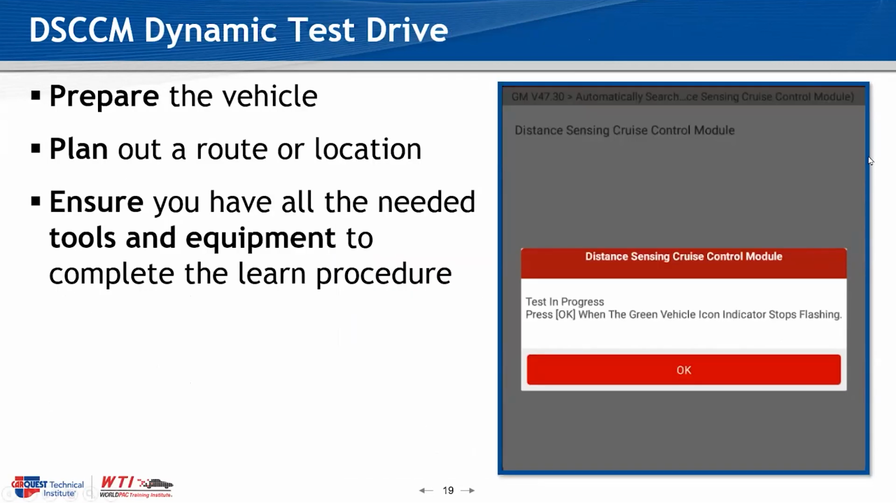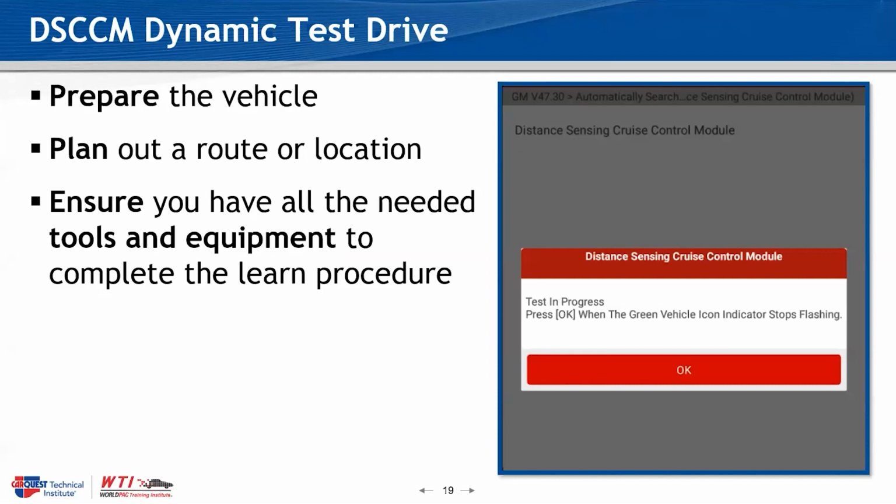So we actually prepared this vehicle after we performed the programming event. We went through and prepared the vehicle and checked the tire pressure, went through all of our checks. We had already done our pre-scan and got an idea of where we needed to start on this vehicle. We planned out our route because we were concerned about traffic, and determined that this body shop area was close to a highway, which was probably going to be most conducive to meeting as many of those check mark requirements on the service information as possible.